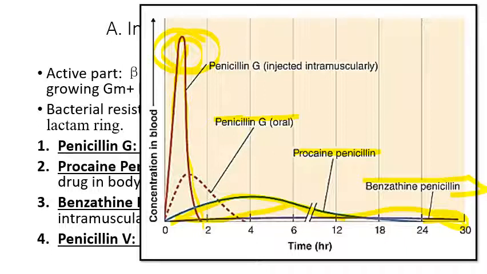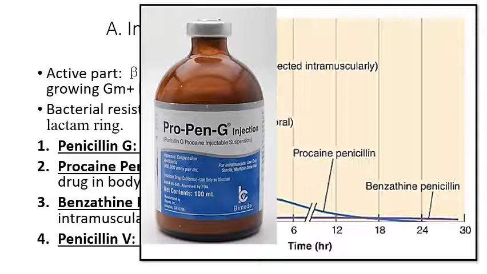And then finally, the oral version, which is called penicillin V, a variation of penicillin G. It can be taken by mouth, but you have to take it a few times a day in order to keep it in your bloodstream. Okay, so there's Propen G, which stands for procaine penicillin G, which needs to be injected. It says so right on the bottle.